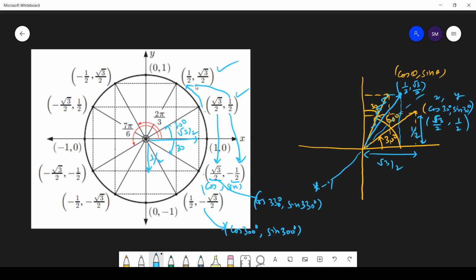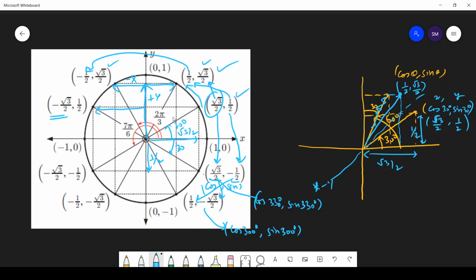Like we have these values interchanged, here also they will be interchanged. Now going back to this side, see, the lengths are the same, only the sign will change. This is positive on this side, but if we go this side, it will be minus x. Here also x will become negative, so this value will become negative.